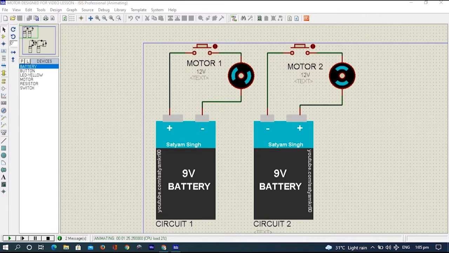So we have two circuits. Both circuits have the same source, a 9-volt battery, and the same components. We have the switch, and we have here the rotor or the motor itself. When we close the circuit, meaning we switch it on, observe the direction of the rotor.